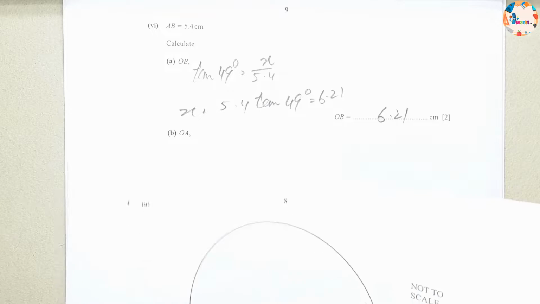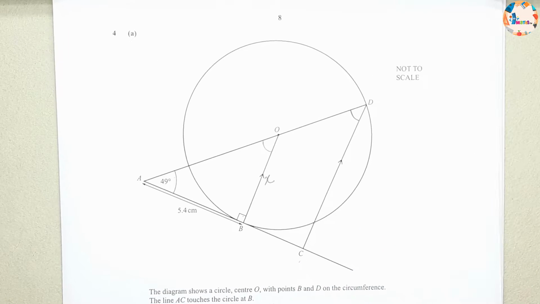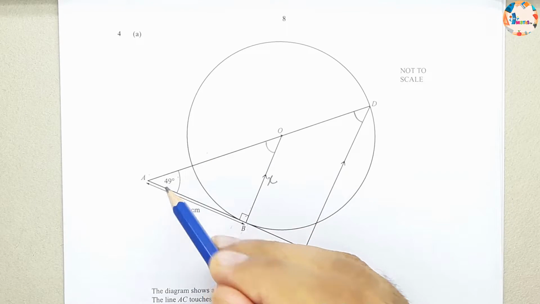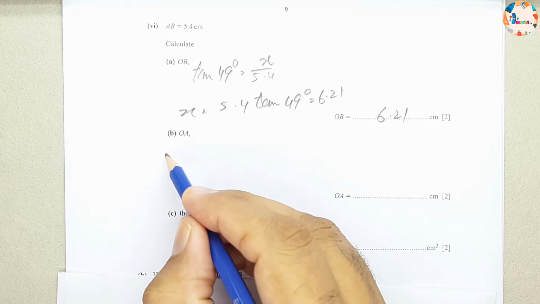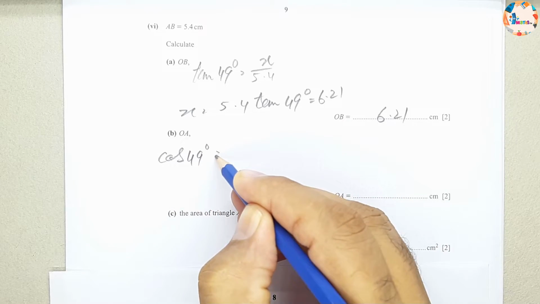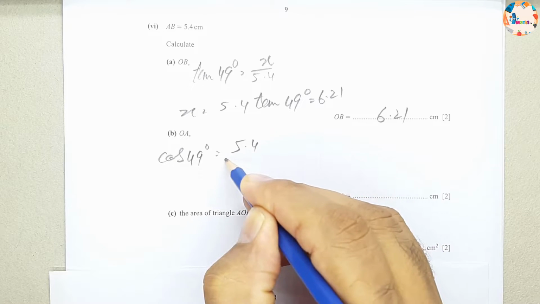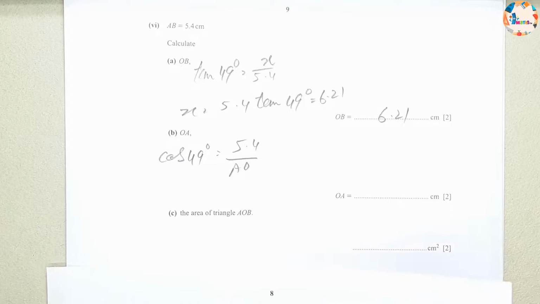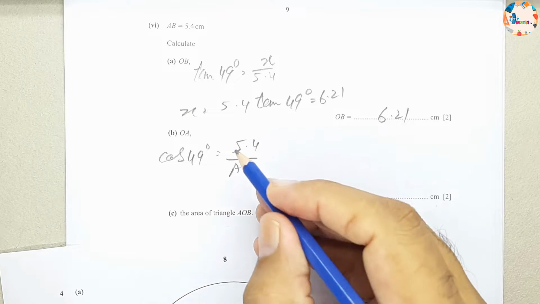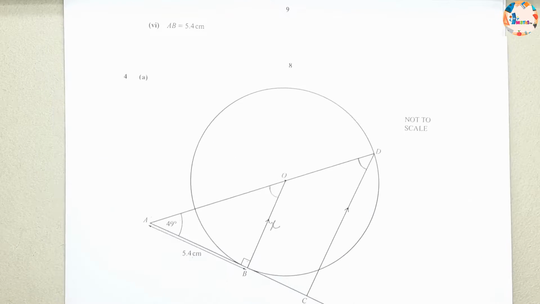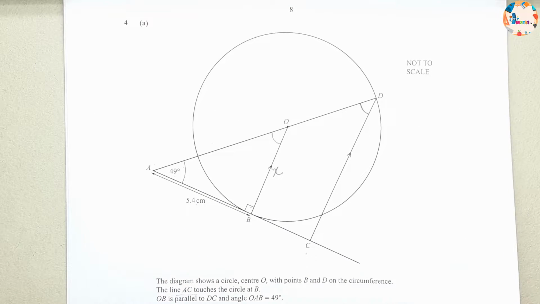And similarly we have to find OA also, and OA is this side, so this over this will be cos of 49. So cos of 49 degrees is equal to 5.4 over AO, or OA, it's the same thing. Adjacent over hypotenuse will be the cos.